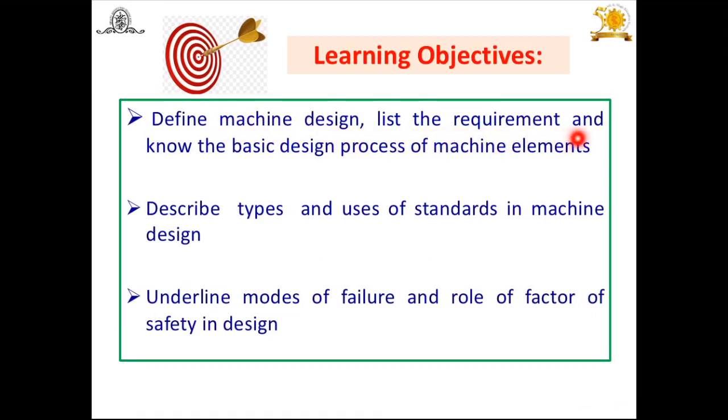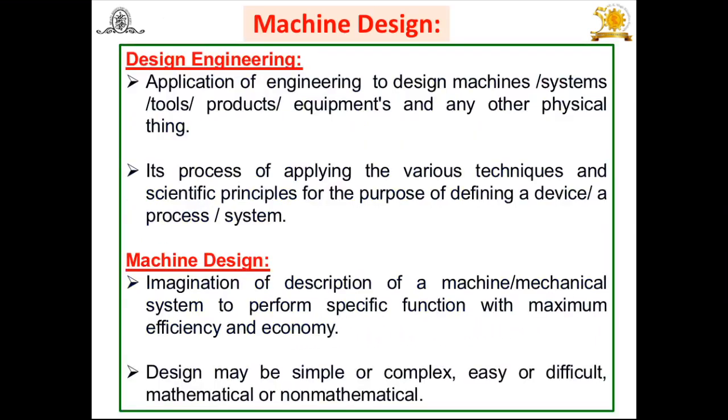You will be able to list the requirements and know the basic design process of a machine element. You will be able to describe the types and uses of standards in machine design, and you will underline modes of failure and the role of factor of safety in machine design.